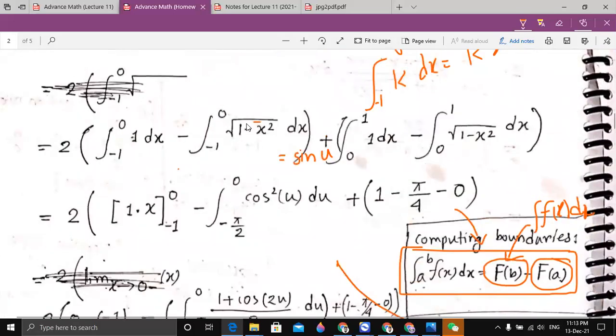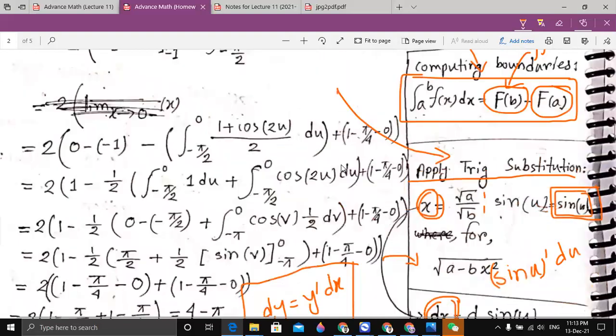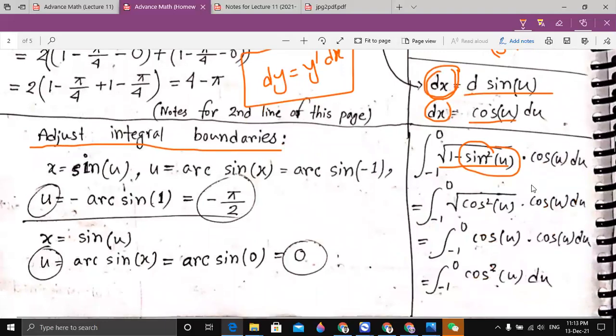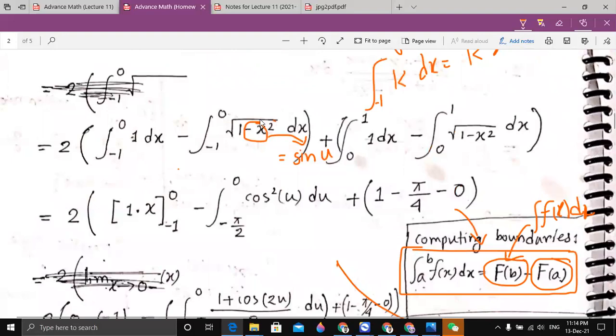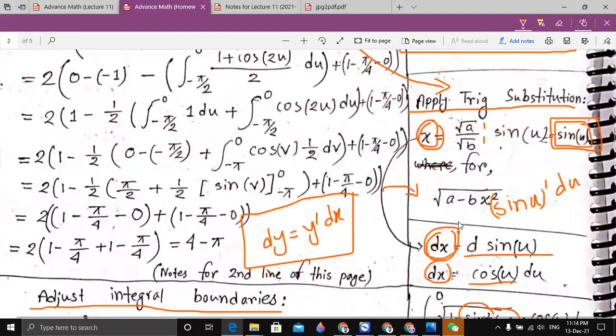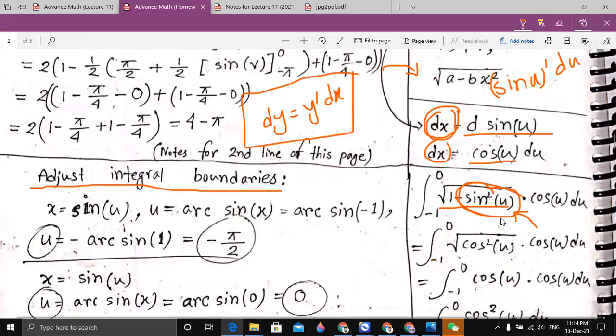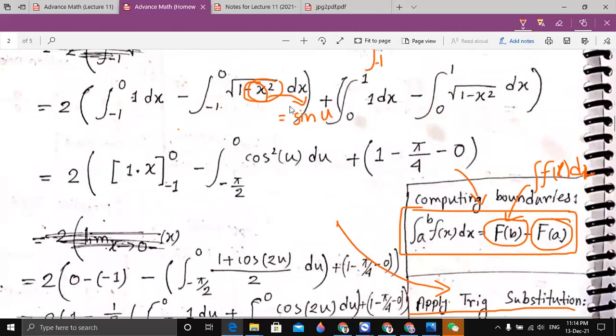So in x we can write sin u. It was not x, it was x square, so sin u will become sin square u. So we get 1 minus sin square u.